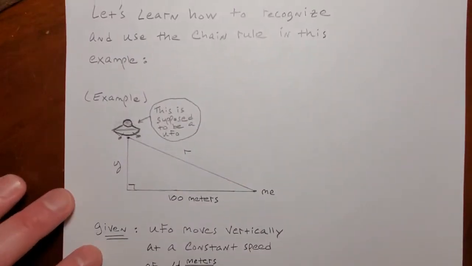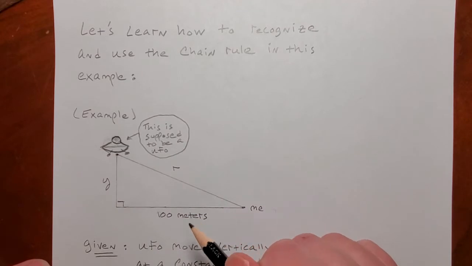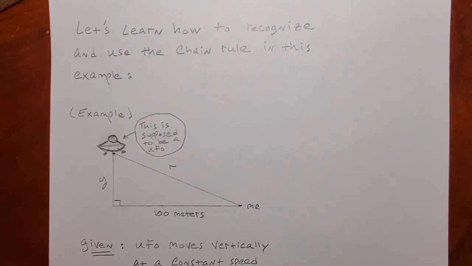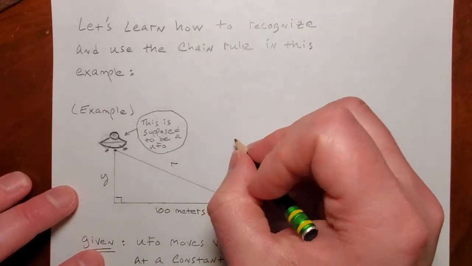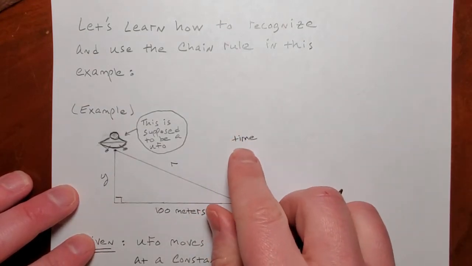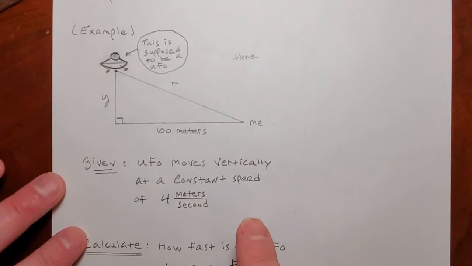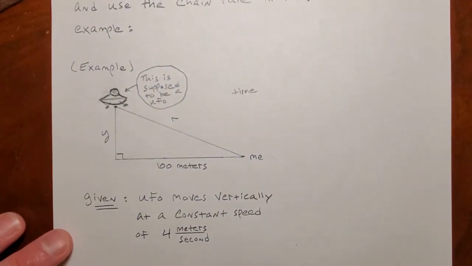Now, what about this makes it chain rule? What about the situation makes it such that it belongs in this video and I can use the chain rule? Well, let's think of it like this. How are all the variables linked together? I mean, what variables do we have? Well, time is one of the aspects of this problem because it's moving, and so there's a clock running, so time is part of it.